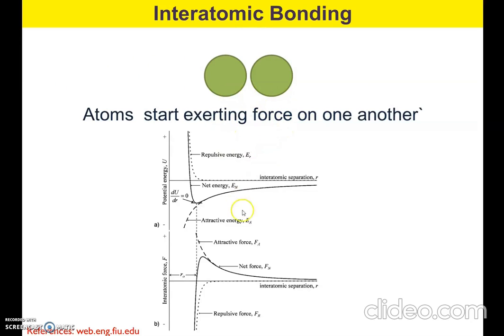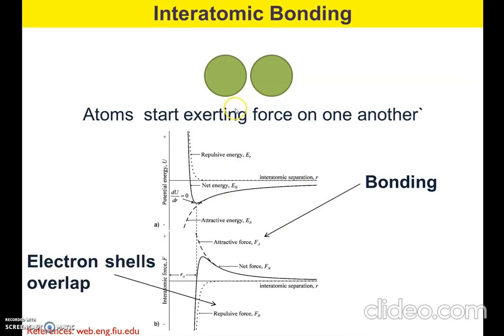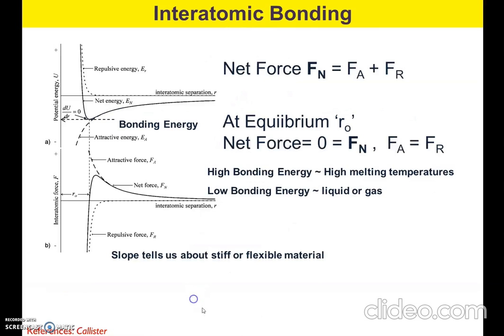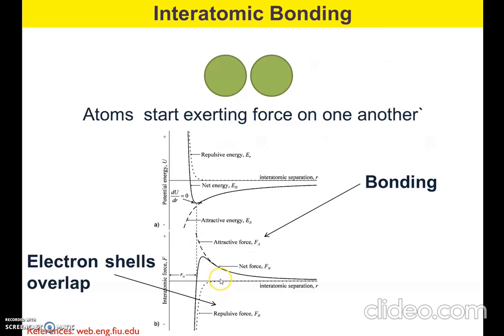Okay, and this force can be an attractive force that can result because of some bonding that might occur between these atoms, and at the same time these atoms have electrons which are negatively charged. So as these atoms come close to each other, these electron clouds will start overlapping, and they will actually cause a repulsive force.